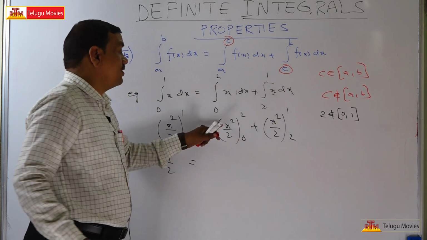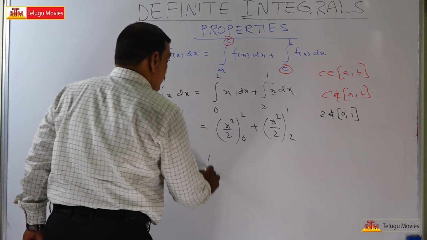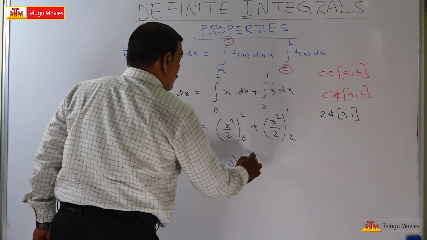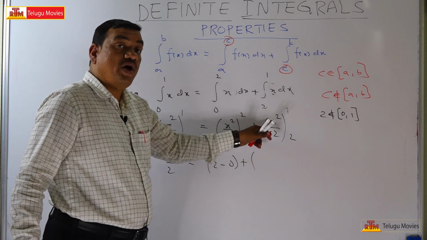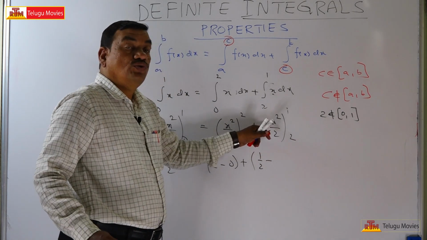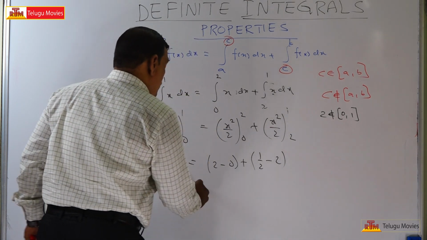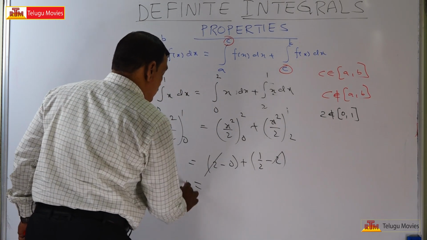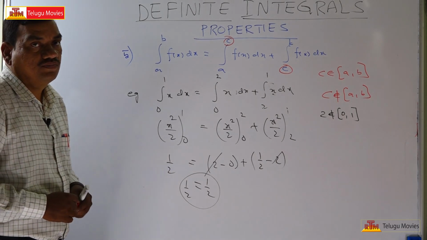What is the upper limit here? 2 square is 4, 4 by 2 is 2, minus 0 for the lower limit. And for 2 to 1: upper limit 1 square by 2, minus 2 square, 4 by 2, is 2. If you observe, plus 2 and minus 2 cancel, and 1 by 2 is equal to 1 by 2. Got it or not? Yes.